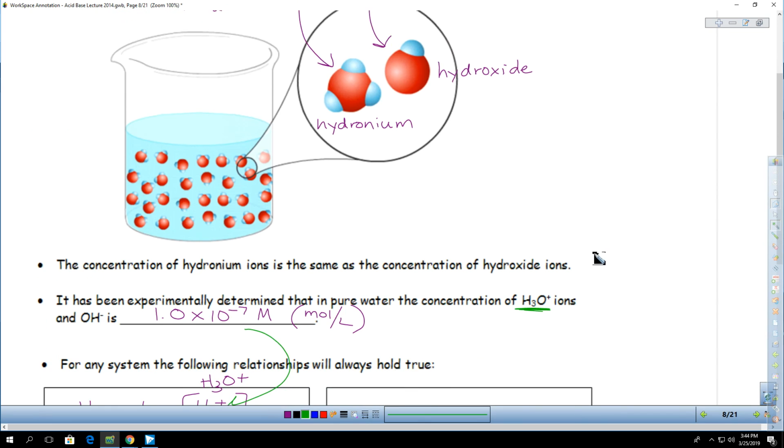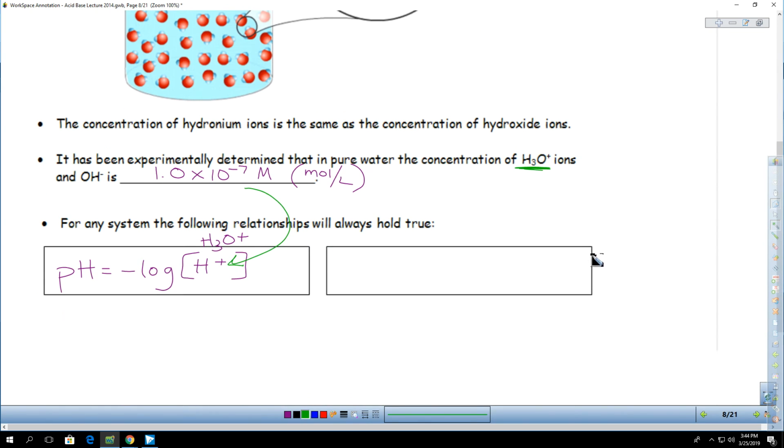But technically, the H in pH stands for hydrogen. If you plug that in, pH equals the opposite log of 1.0 times 10 to the negative 7. pH is the opposite exponent of 10. The pH of pure water is 7.